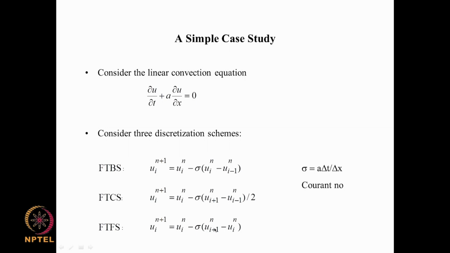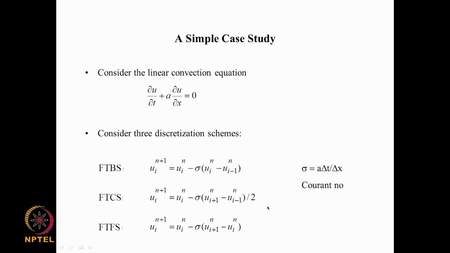So, these two are the same, except that we are taking a difference between ui and ui minus 1 in backward spacing, and here it is ui plus 1 minus ui, forward differencing. And both FTBS and FTFS are first order accurate in time and first order accurate in space, whereas FTCS is first order accurate in time and second order accurate in space.